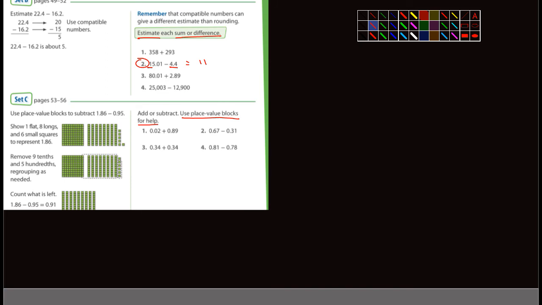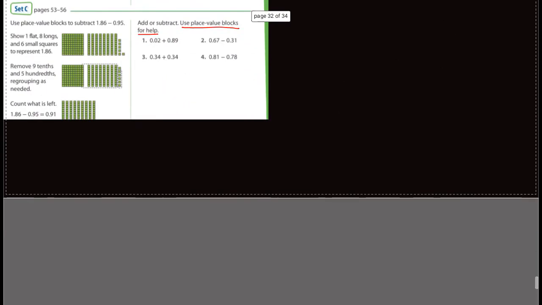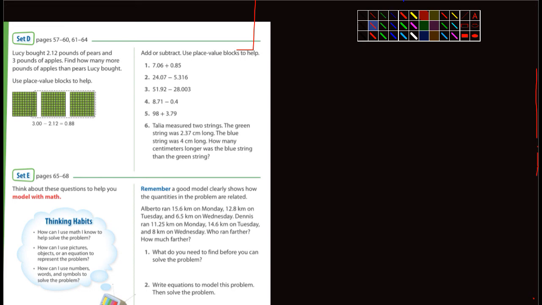If place value blocks help, modeling like that helps you, hey, use it. Okay, that was set C. Let's go on to the next page, set D. Add or subtract, use place value blocks to help. Again, if they help you, do it. If they don't, then just do the problem.